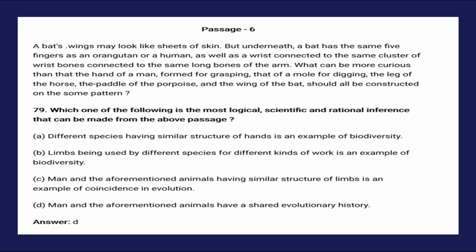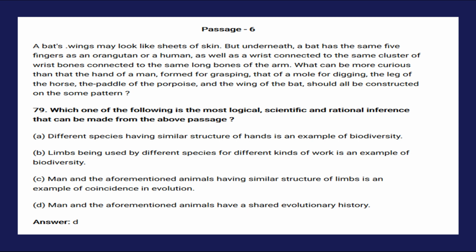What can be more curious than that the hand of a man formed for grasping, that of a mole for digging, the leg of the horse, the paddle of the porpoise, and the wing of the bat should all be constructed on the same pattern.